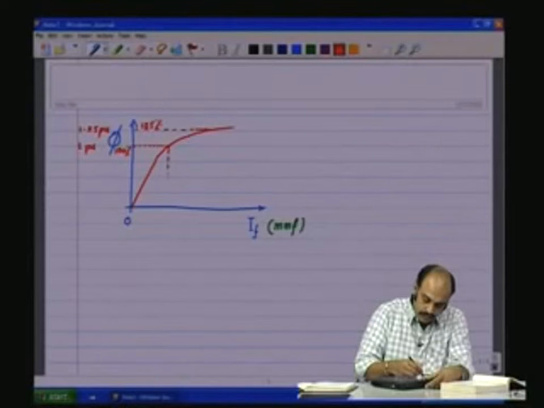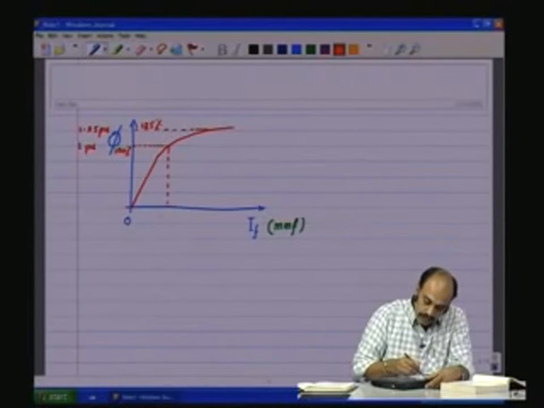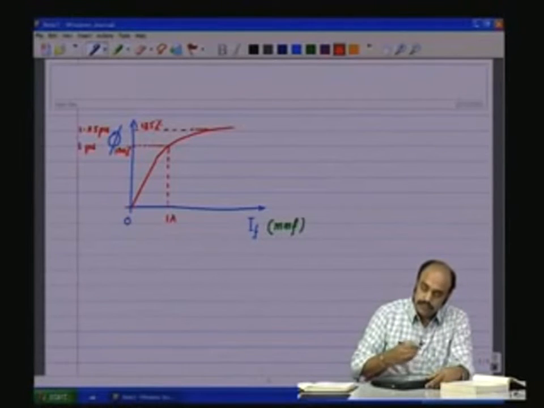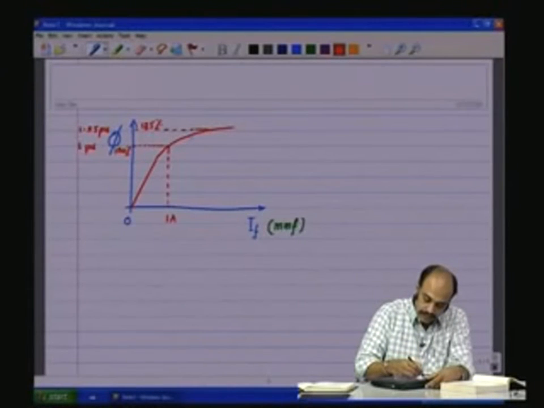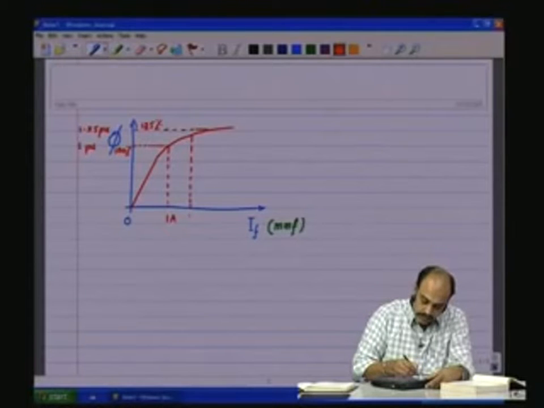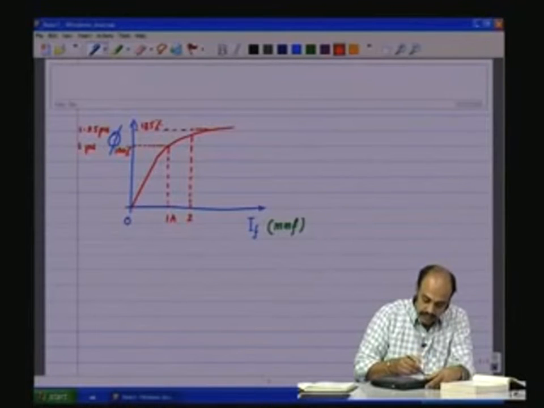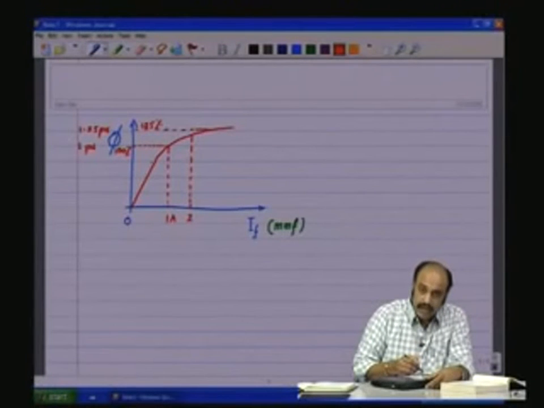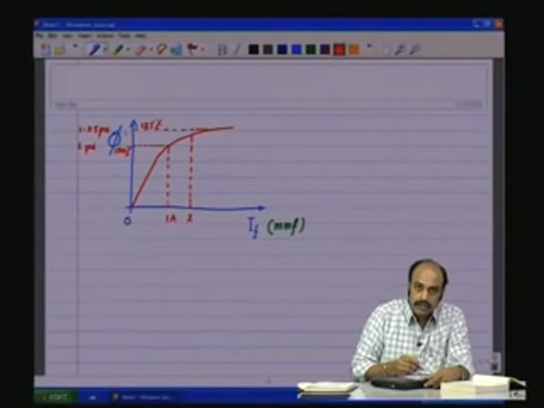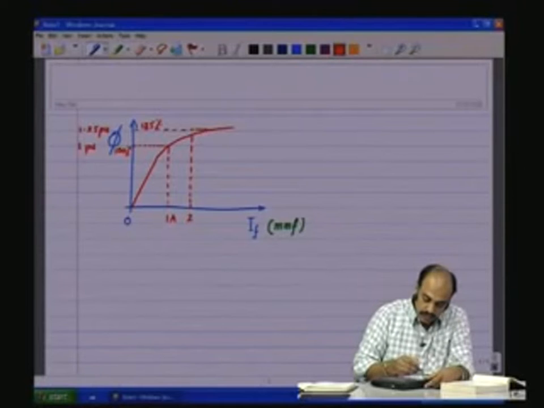Now, to reach 100%, let us say you need 1 amp of current, and if you further increase the current, the flux that is produced is not proportional. For the same change in current, you will not get the same change in flux at the output.